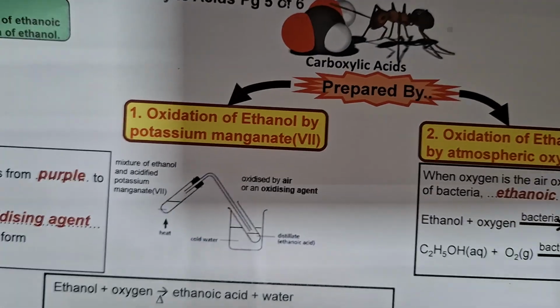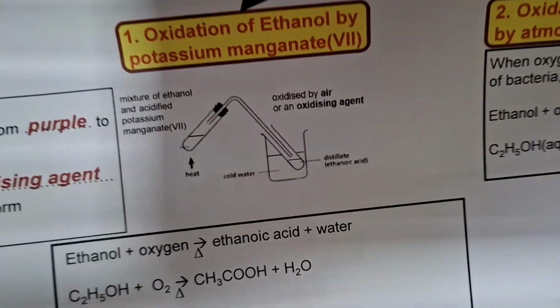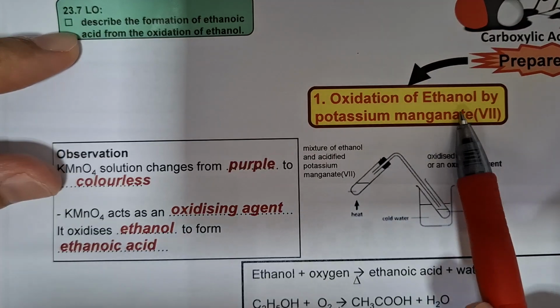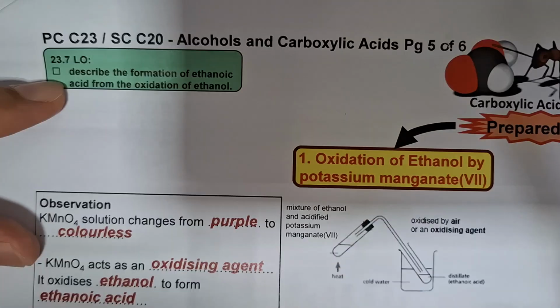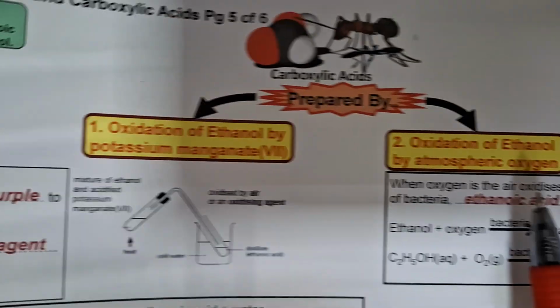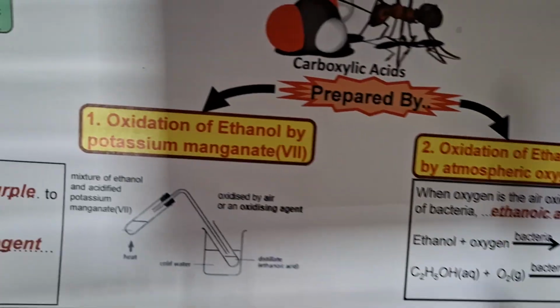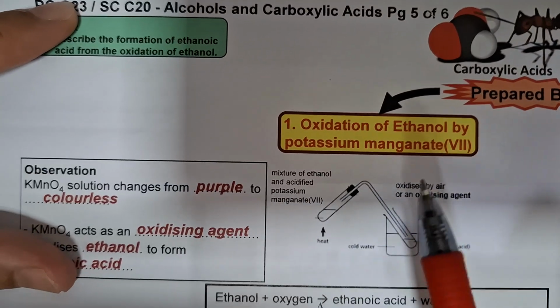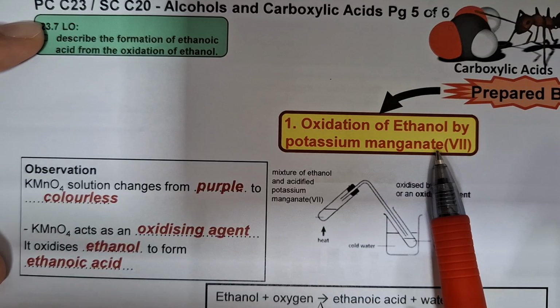Okay, how to prepare carboxylic acid? You can oxidize alcohol. Oxidation of alcohol is either by oxygen in the air, atmospheric oxygen, or an oxidizing agent like acidified potassium manganate(VII).